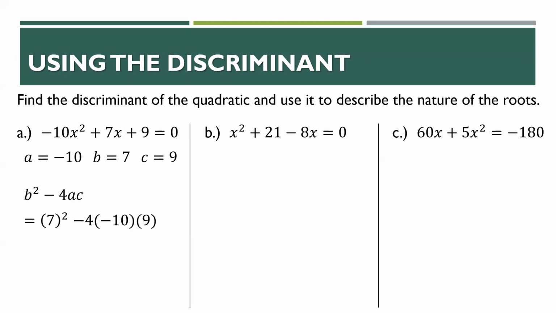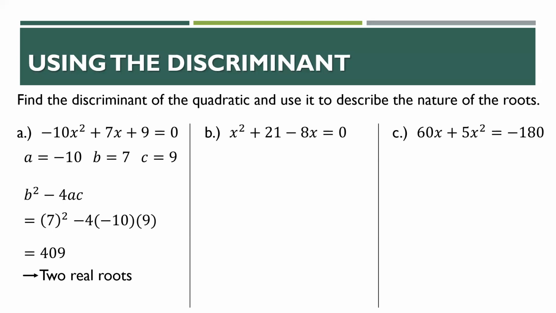So just the b squared minus 4 times a times c portion. So that's how it would look filled in: 7 squared minus 4 times negative 10 times 9. That would give us a discriminant value of positive 409. So since we got a positive value greater than 0, what that means is we are going to have 2 real roots for this quadratic.